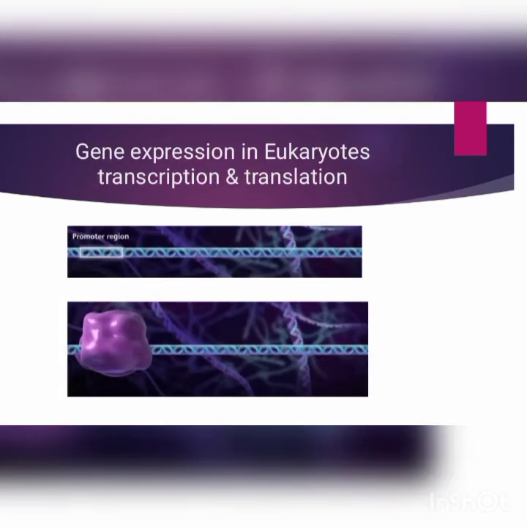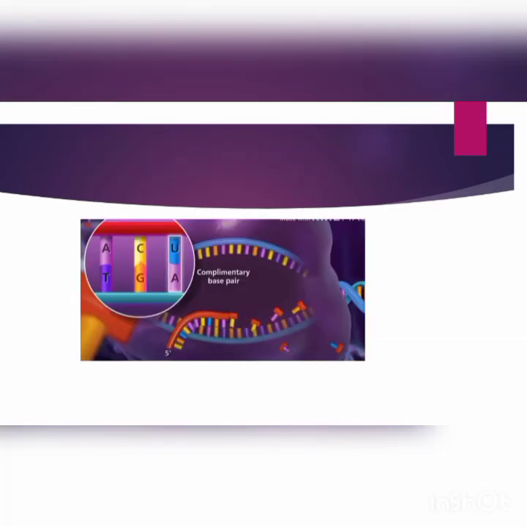The transcription in eukaryotes. DNA strand has both promoter and terminator regions. Promoter region of a gene acts as a recognition site for RNA polymerase to bind. This is where the majority of gene expression is controlled. Binding of RNA polymerase causes DNA to unwind and become open.